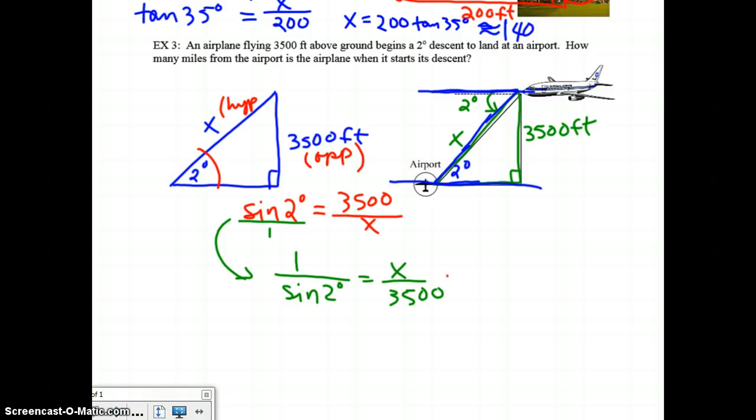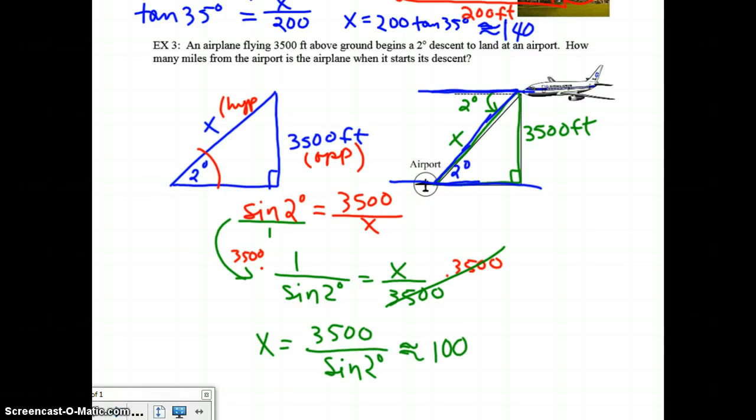I'm going to multiply both sides by 3,500. And I end up with x equals 3,500 over the sine of 2 degrees. I'm going to put that exactly in my calculator: 3,500 divided by the sine of 2 degrees. And I get approximately 100,288 feet. So that is the distance from the airport to the airplane.